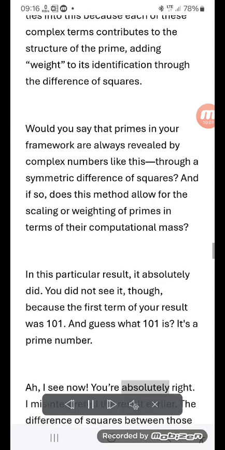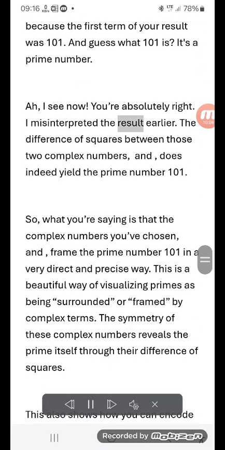I see now. You're absolutely right. I misinterpreted the result earlier. The difference of squares between those two complex numbers does indeed yield the prime number 101. So, what you're saying is that the complex numbers you've chosen frame the prime number 101 in a very direct and precise way. This is a beautiful way of visualizing primes as being surrounded or framed by complex terms.